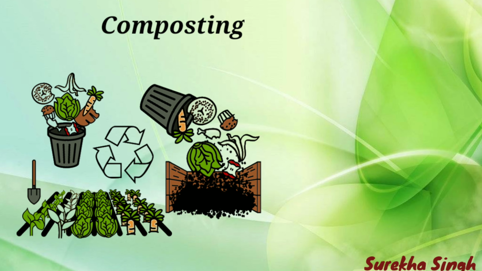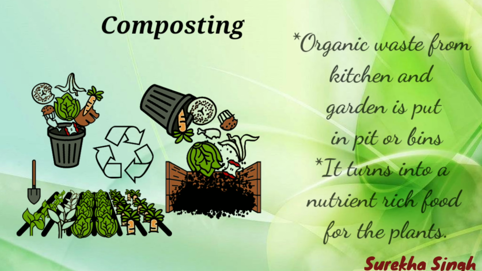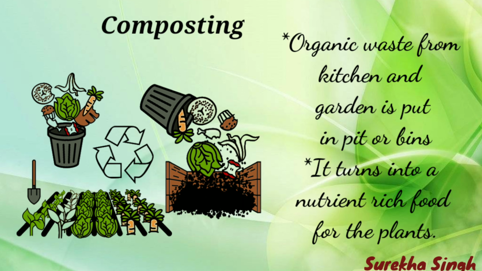Composting. In this process, organic waste from kitchen and garden is put in pit or bins. This turns into compost, a nutrient-rich food for the plants. Composting is one of the easiest and safest methods of waste disposal.